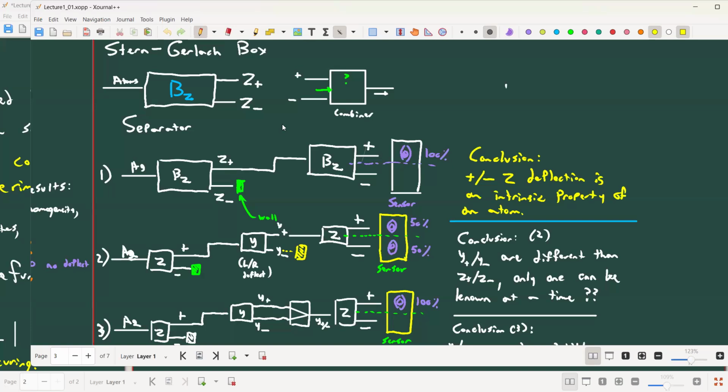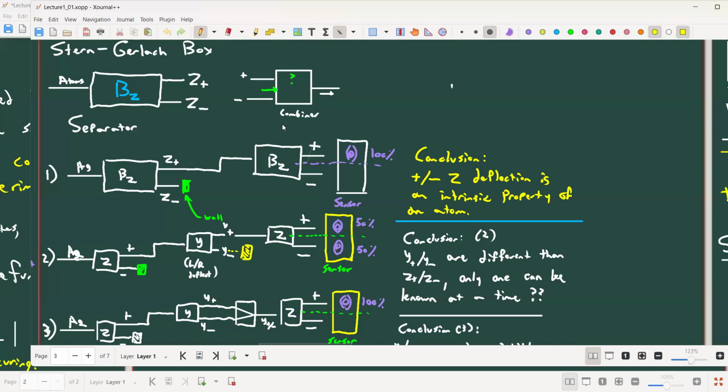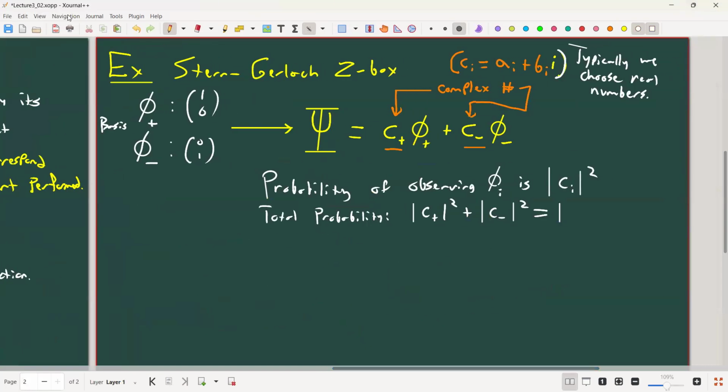But the idea is we're going to think about these boxes as effectively functions, little operations that take one vector, an input vector, and spit out another. Okay, so this is what's called an operator. There's other terms for it, but we'll call them operators in this class. And I'll give you some really nice examples of some operators now.